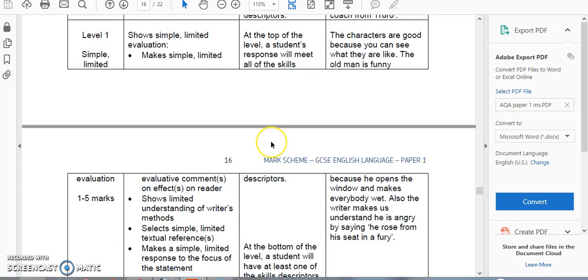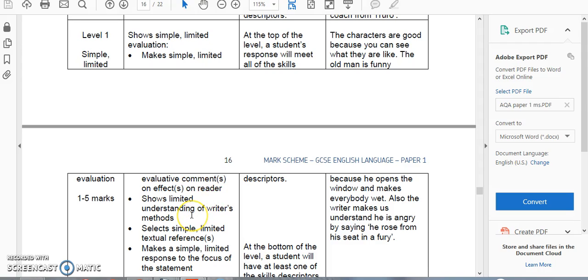At band 1, they're expecting you to make simple, limited, evaluative comments. What that word evaluative means is you're not really looking at the effects, you're just sort of stating facts, really. Comments on the effects on the reader. That's important here. Whatever level you're operating at, whether it's level 1, level 2, level 3 or level 4, you're going to be expected to comment on the effects it has on the reader. That's a big part of this question.